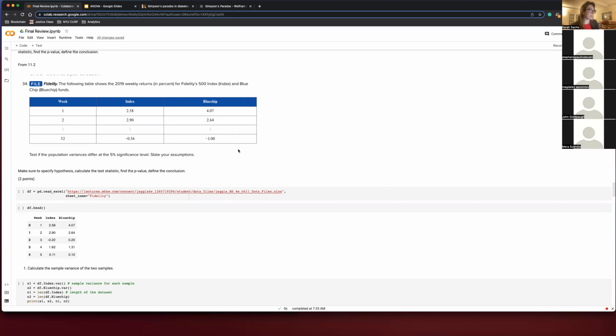So perhaps you would be able to make that decision of, it doesn't necessarily matter if I use blue chip or index, they're both pretty volatile in a similar way. But perhaps a hypothesis would be that the index is more volatile than blue chip, and we can actually test that. So it does depend on whatever it is you're trying to answer.